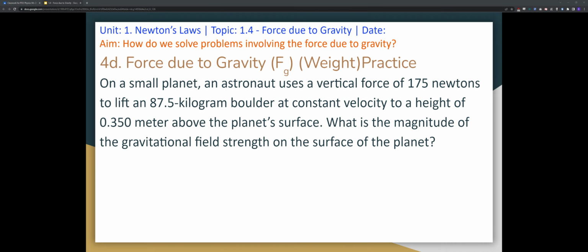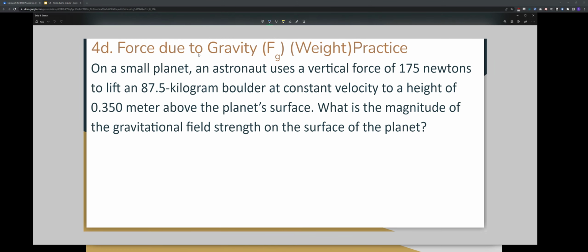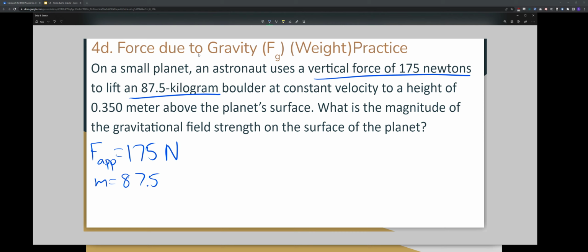240. On a small planet, an astronaut uses a vertical force of 175 newtons. So he's applying a force of 175 newtons to lift an 87.5 kilogram boulder at constant velocity to a height of 0.350 meters.